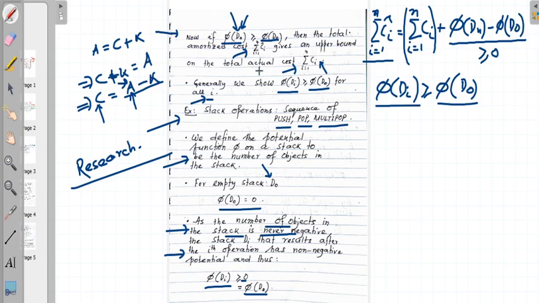We claimed we will be proving that phi of Di is greater or equal to phi of D0 for all i.